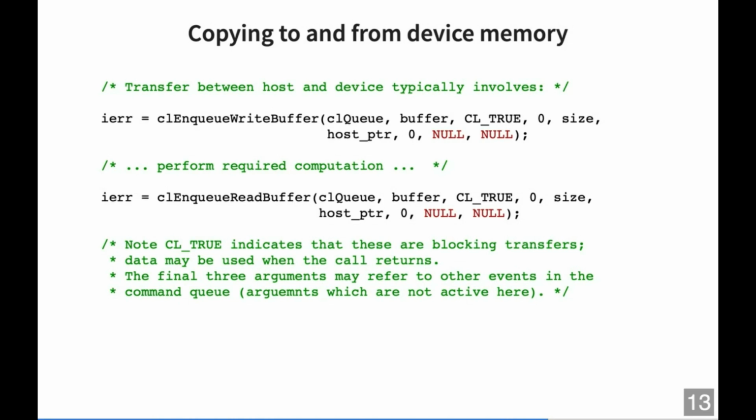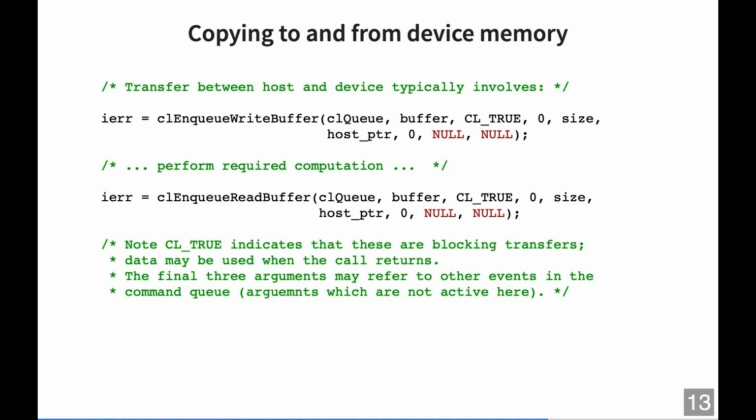So this is the analog of a synchronous transfer, if you like. The next three are an offset from the base pointer, a size in bytes, and the host memory reference, the memory you're copying from.